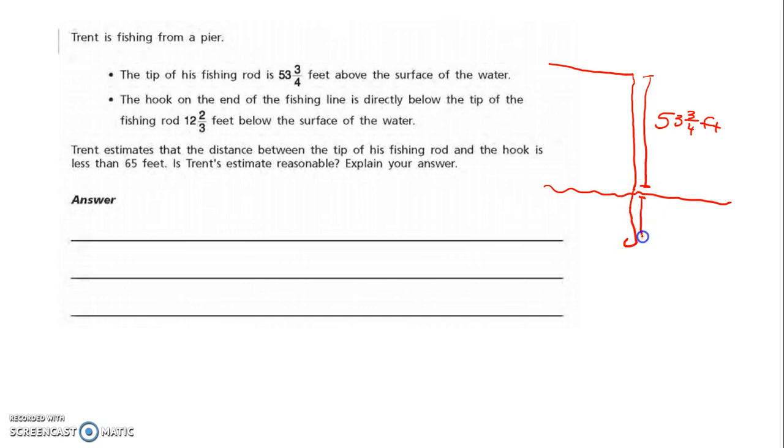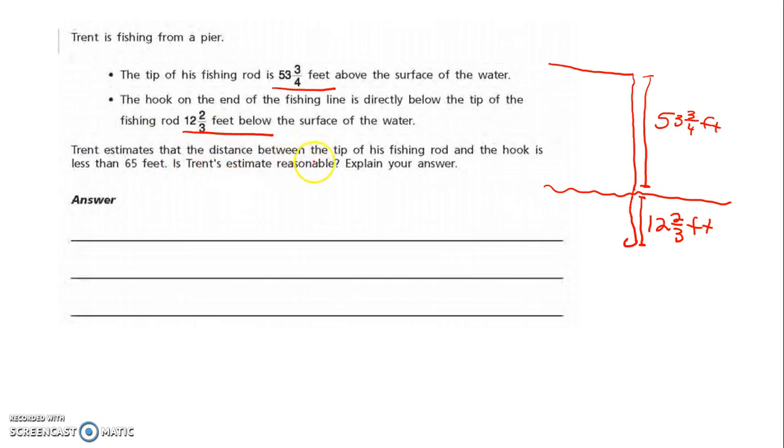And he says, okay, but below the surface of the water, the fishing hook is going down an additional 12 2/3 feet. And so we know the 53 3/4 was above the surface of the water. We know the 12 2/3 feet was below the surface of the water.